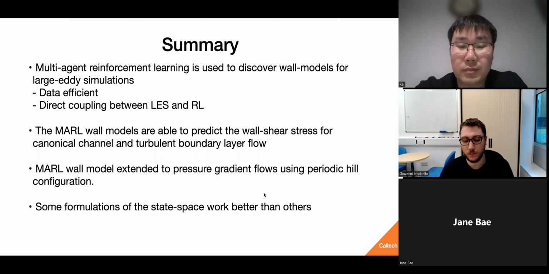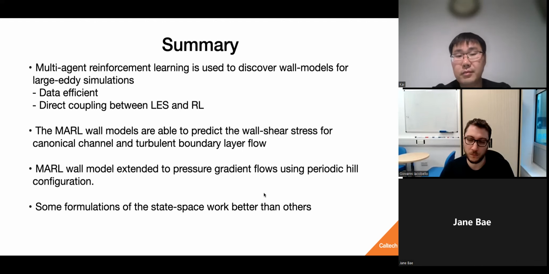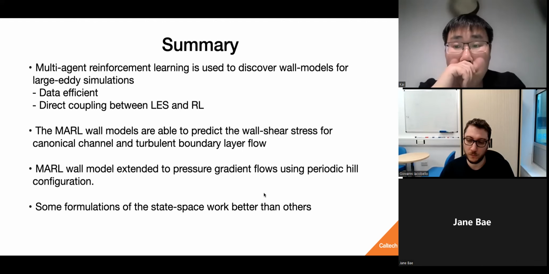You can also model the unsteady phenomena by looking at the spread of the wall shear stress, and there are definitely models that take that into account. For the reinforcement learning model, it automatically bakes that in, because this is a control strategy. You're not trying to match the correct wall shear stress at each time step. You're trying to just move towards it. So in a way, it's somehow baked into the model already.